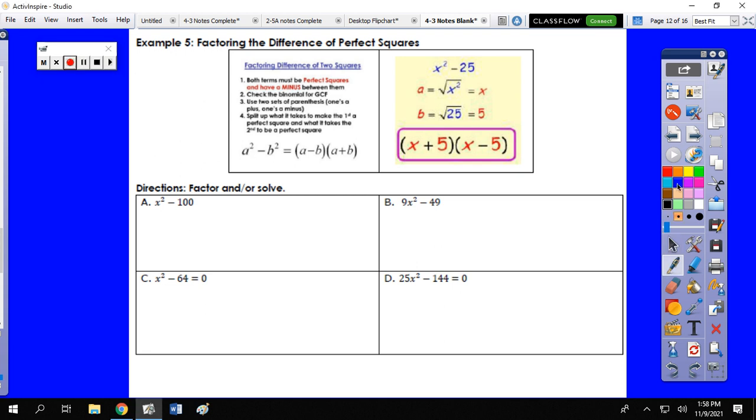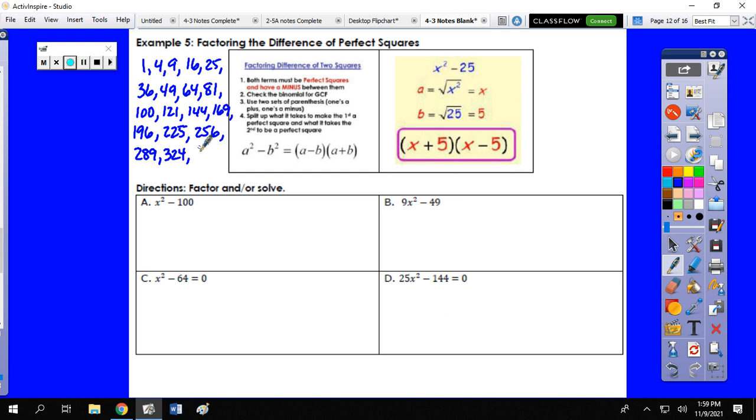So one thing that's helpful to have here is a list of the perfect squares, which would be your numbers that have exact square roots. So here are the first, I don't know, we'll go about 20. 324, 361, and 400.